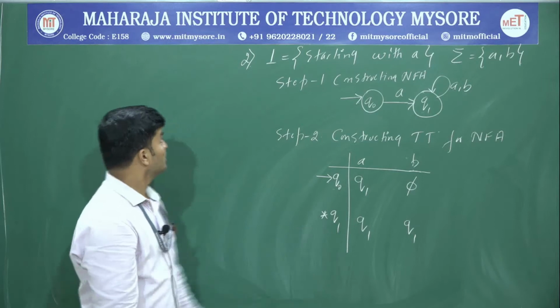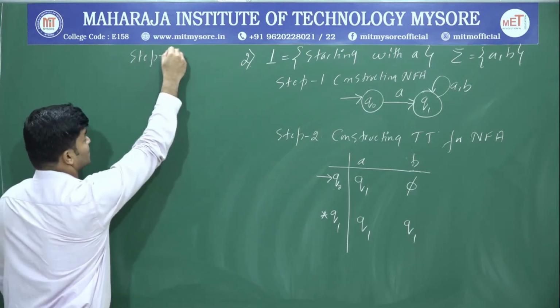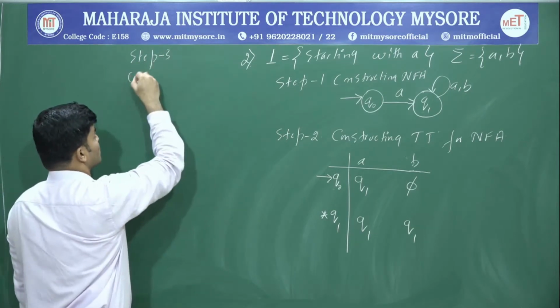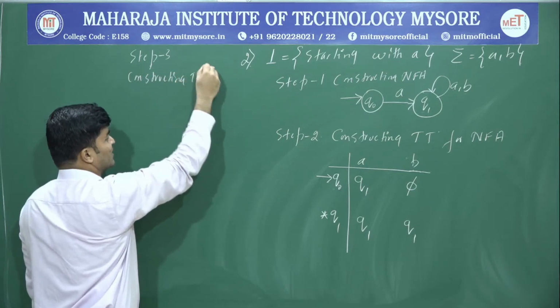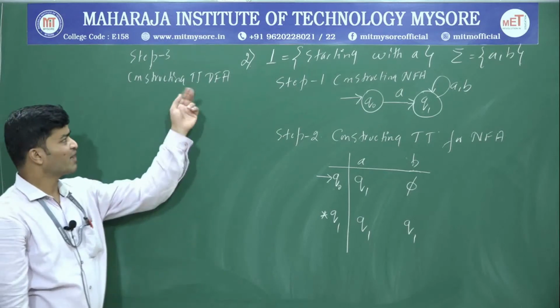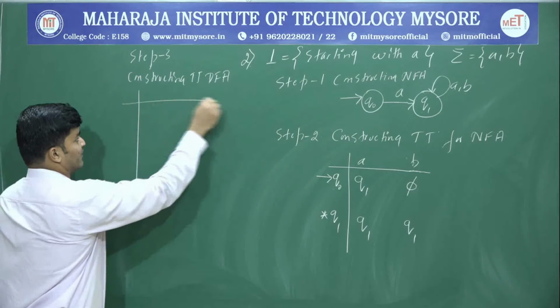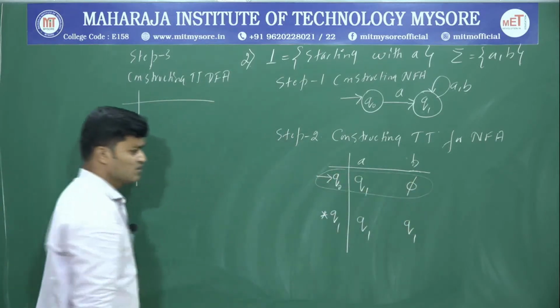Now go towards step 3. What is step 3? Step number 3 is constructing the transition table for the DFA. This will become as it is with small changes.